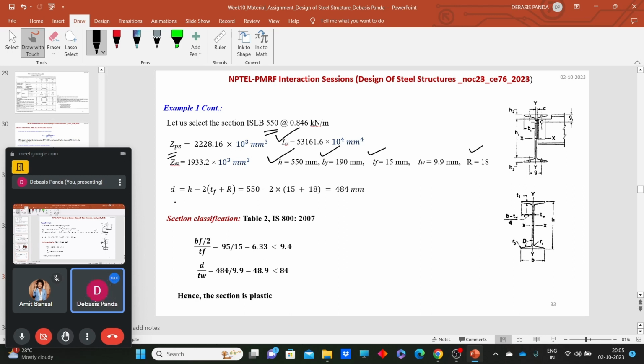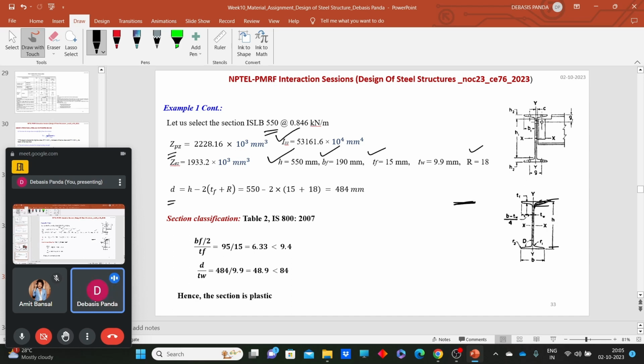Now what should be the effective depth? The effective depth is generally calculated as overall depth or overall height of the member minus 2 into thickness of the flange TF plus the root radius, because the root is actually not perfectly rectangular or linear at that portion.